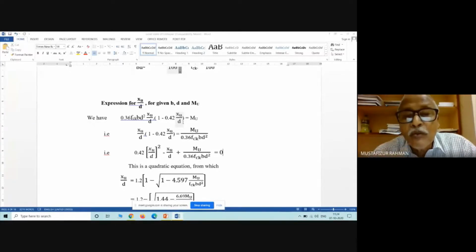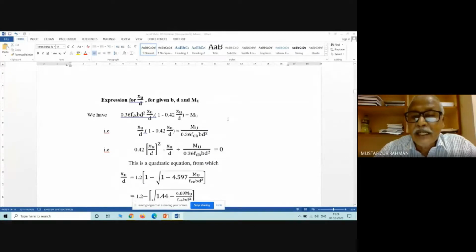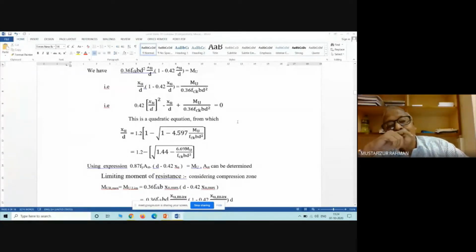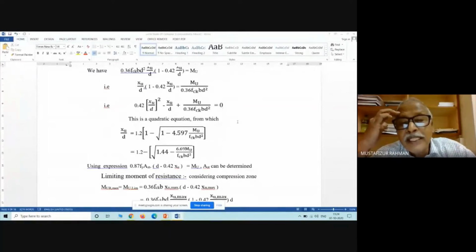So we got the expression Mu = 0.36 fck b d squared xu by d (1 minus 0.42 xu by d). I don't think an explanation for this is required. This is simple mathematical interpretation, so it is very easy.